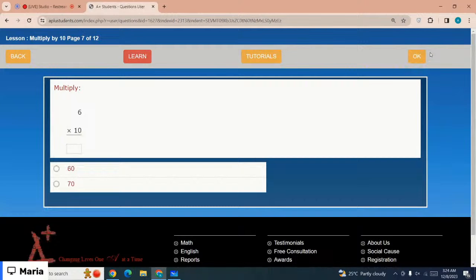So 6 times 10 is... Ten times 6 is, yes, it is 60. The correct option is 60.